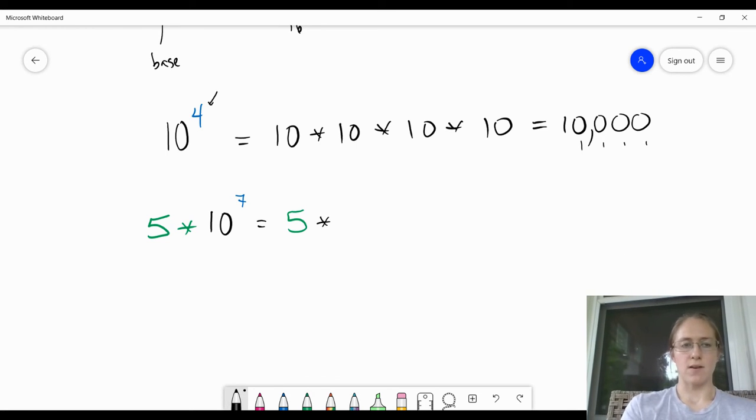So that's 5 times 10 to the 7th power, so it's a 1 with 7 zeros. So 1 and then 1, 2, 3, 4, 5, 6, 7 zeros. And then I can throw some commas in to see that that number is 10 million.